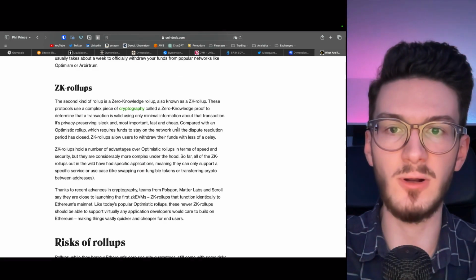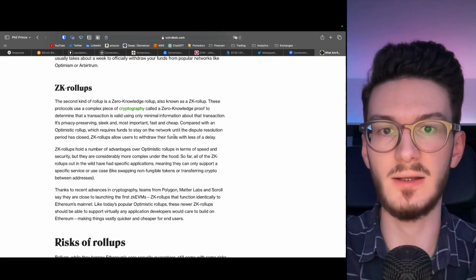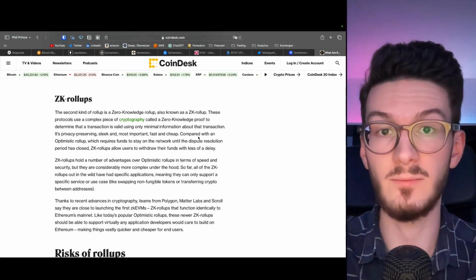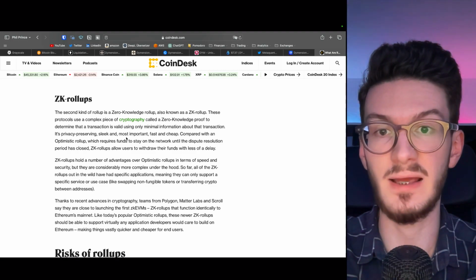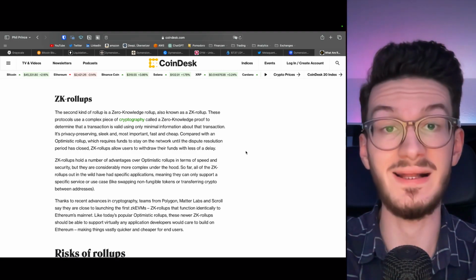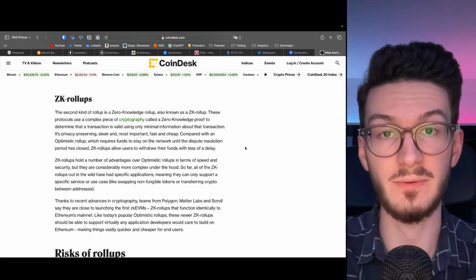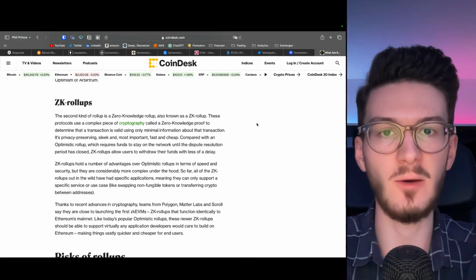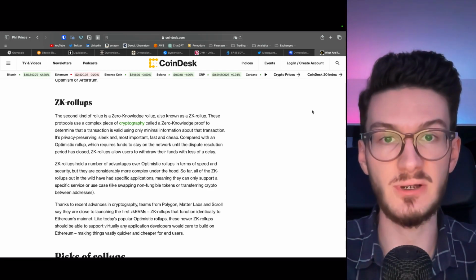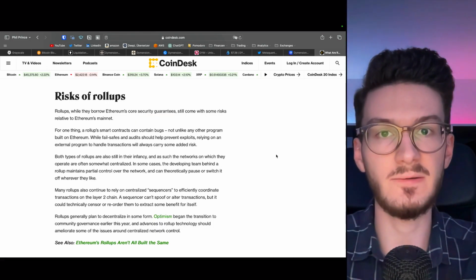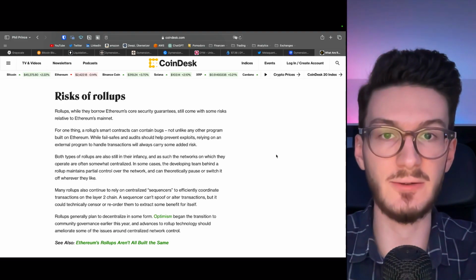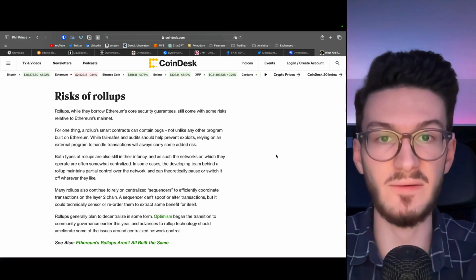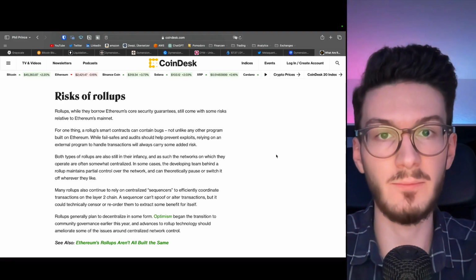In a ZK rollup, which is short for zero knowledge, cryptographic mechanisms are put into place that determine if a transaction is valid, while still being private, fast and cheap. Also, this takes load off the layer 1 network and prevents it from being congested. As this is not a native function, funds need to be bridged to the layer 2 solution, which is another party you have to trust, and therefore inevitably more risk.